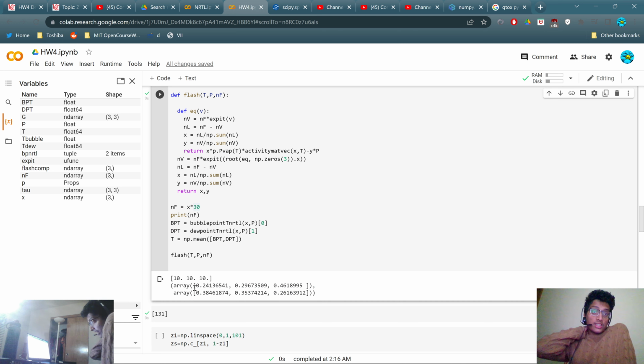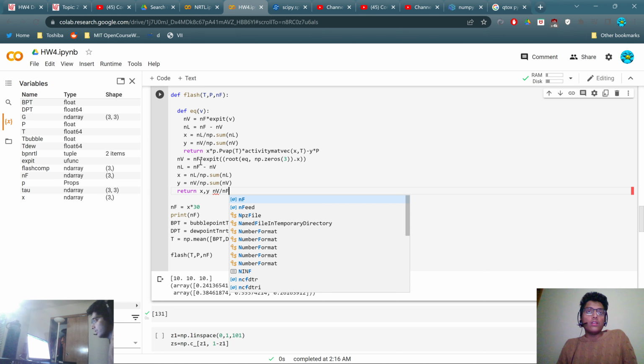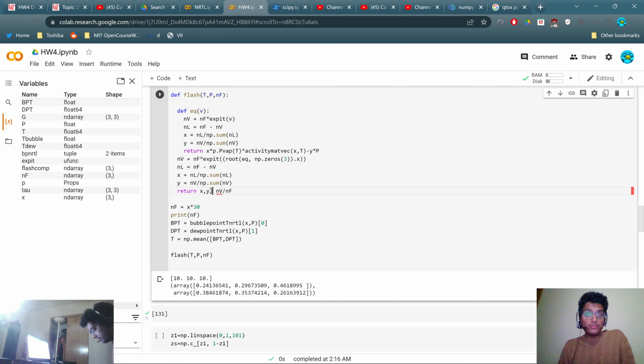So we run the flash calculation, and then we get the following splits for the vapor and the liquid. I believe that's the liquid mole fraction and then the vapor mole fraction, right? And if I wanted, I could even find the total in the vapor phase.